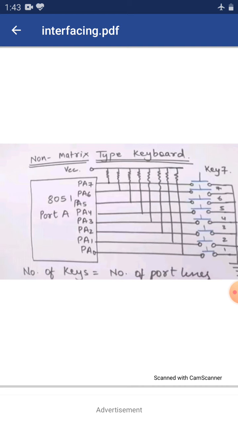When the keys are not connected between the terminals, the ports show the VCC value, that means logic 1, while if any key from 1 to 8 is pressed, then that particular port line, A0 or A1, becomes ground, as you see on the right side at the bottom.